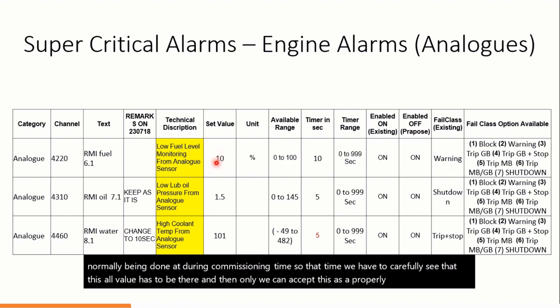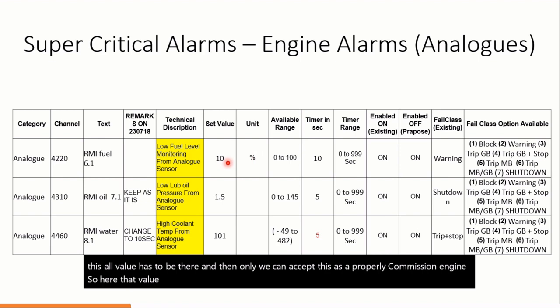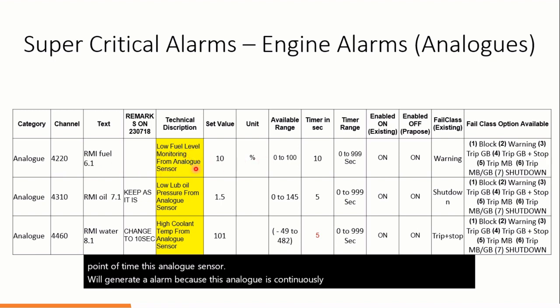Here the value is 10 and the unit is percent. That means when the fuel reaches 10%, at that point this analog sensor will generate an alarm, because this analog sensor is continuously reading the value from 100% to 0%.